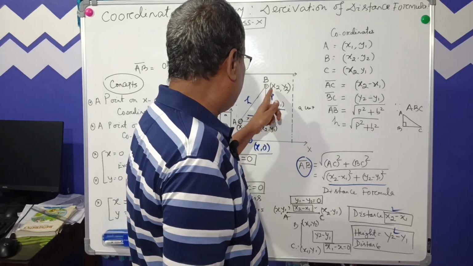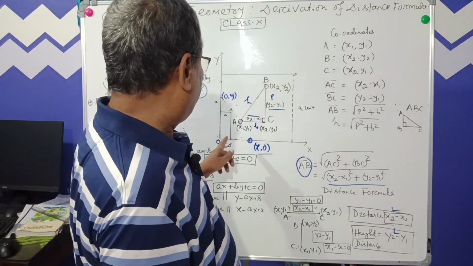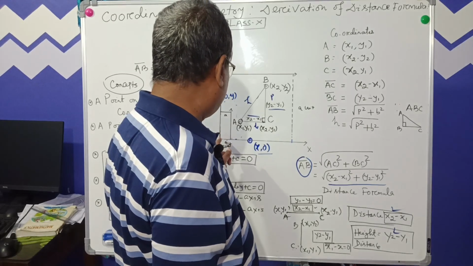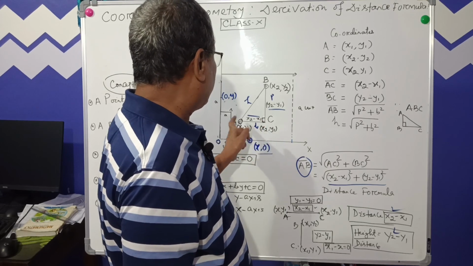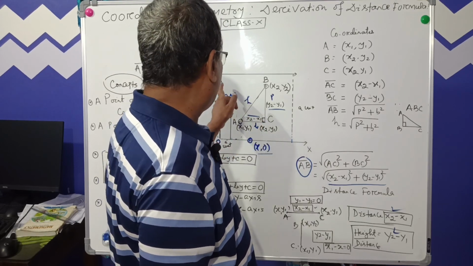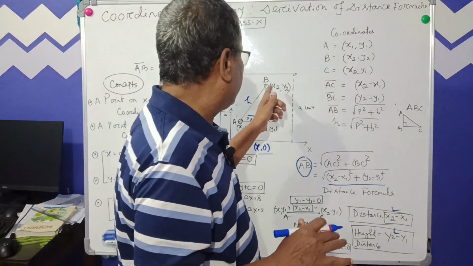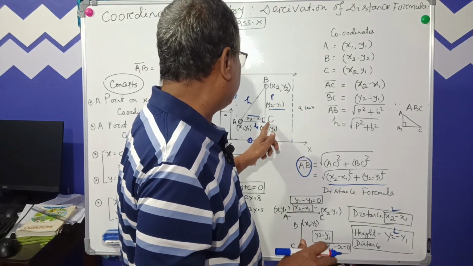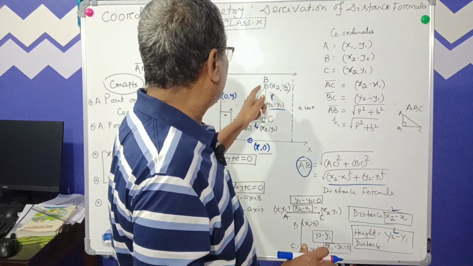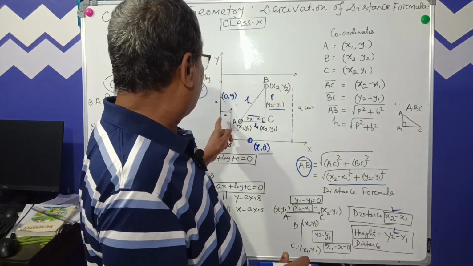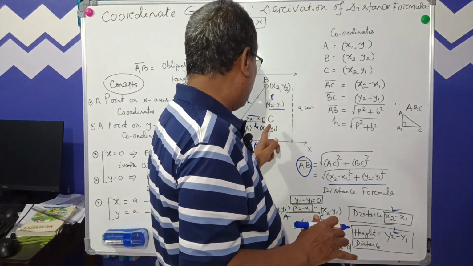Now you see, the x coordinates are equal at C and B. Why? Because the perpendicular distance from the y-axis to the point B is equal to the perpendicular distance from the y-axis to the point C. So the abscissa is the same at the two points, C and B.